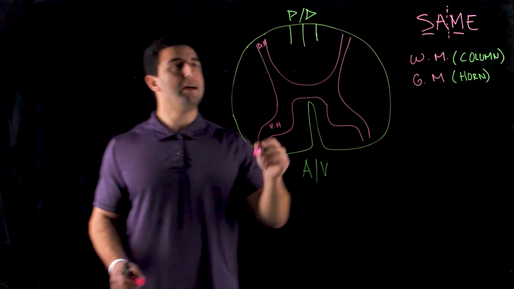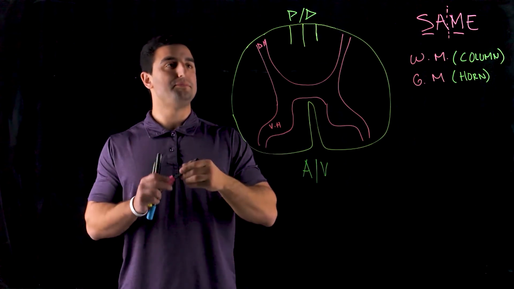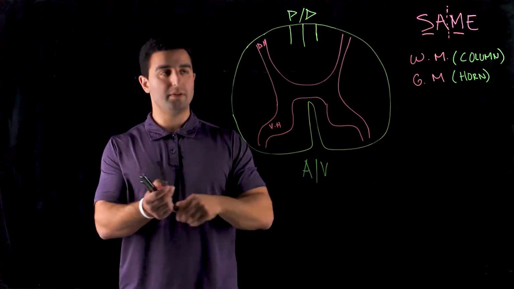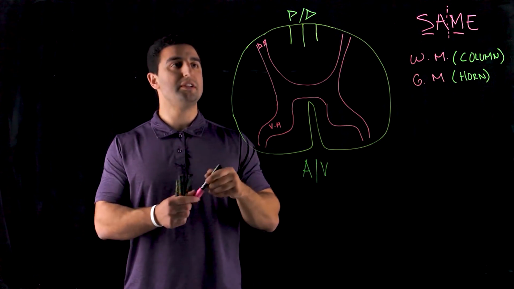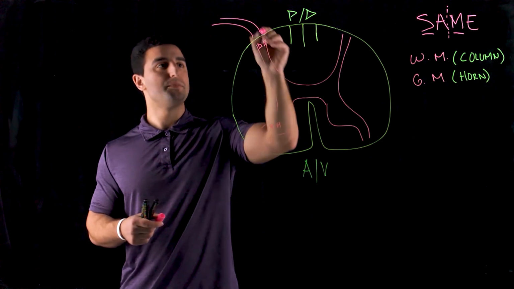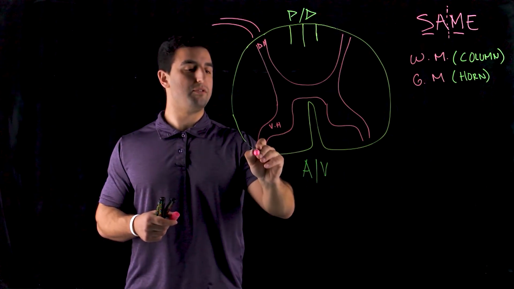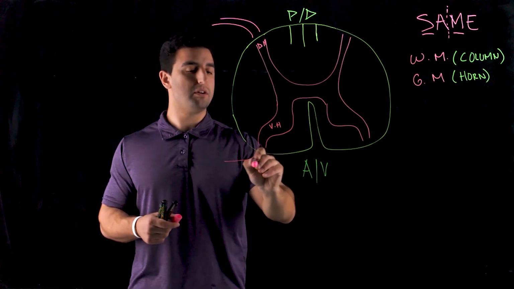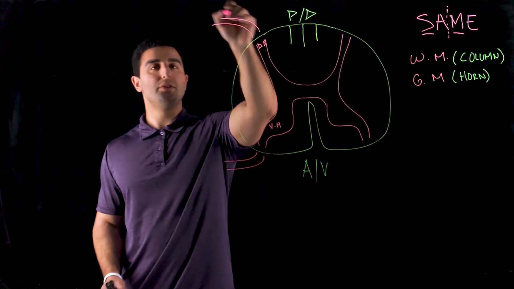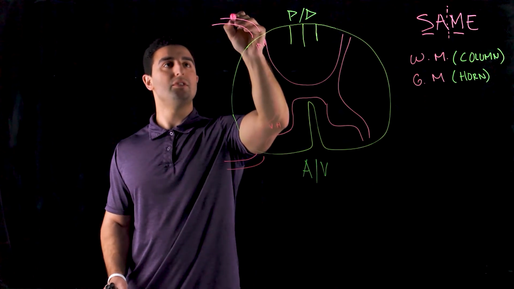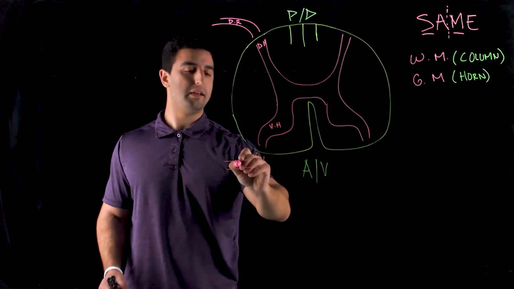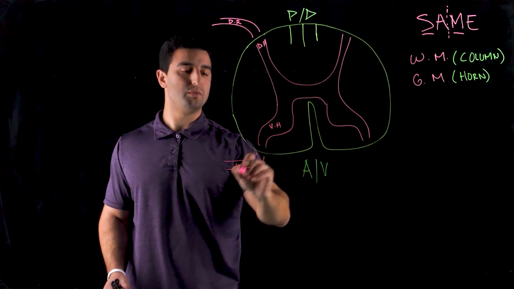Now we have these projections that go outwards. The projections attached to the horns are called roots. These are called dorsal roots and ventral roots.